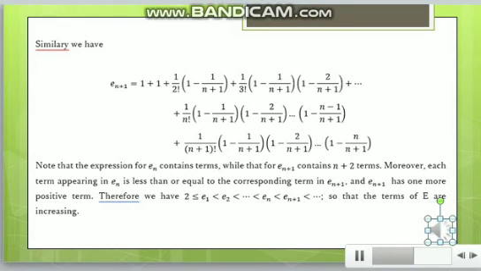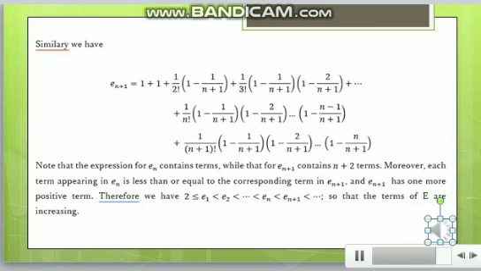Note that the expression for e_n contains n terms, while that for e_{n+1} contains n+2 terms. Moreover, each term appearing in e_n is less than or equal to the corresponding term in e_{n+1}, and e_{n+1} has one more positive term.